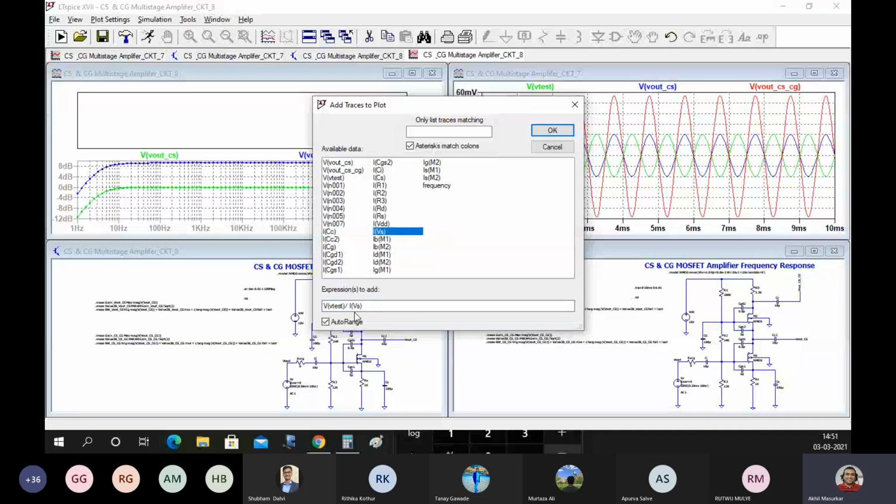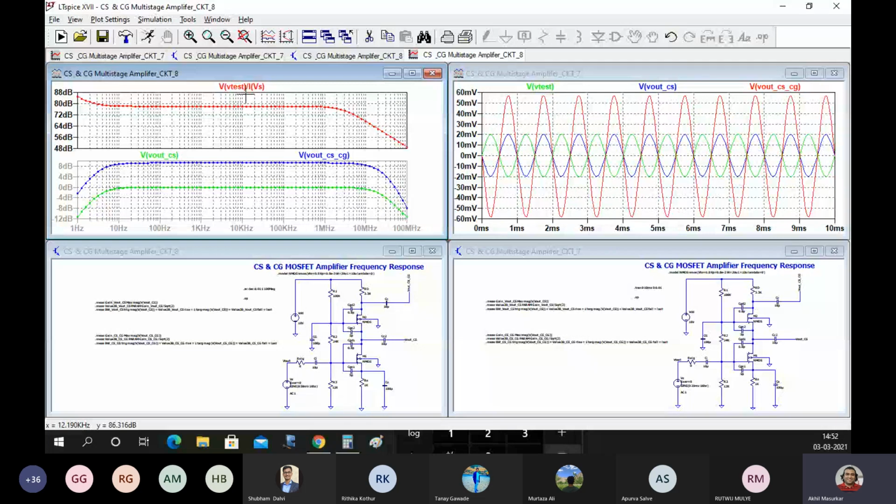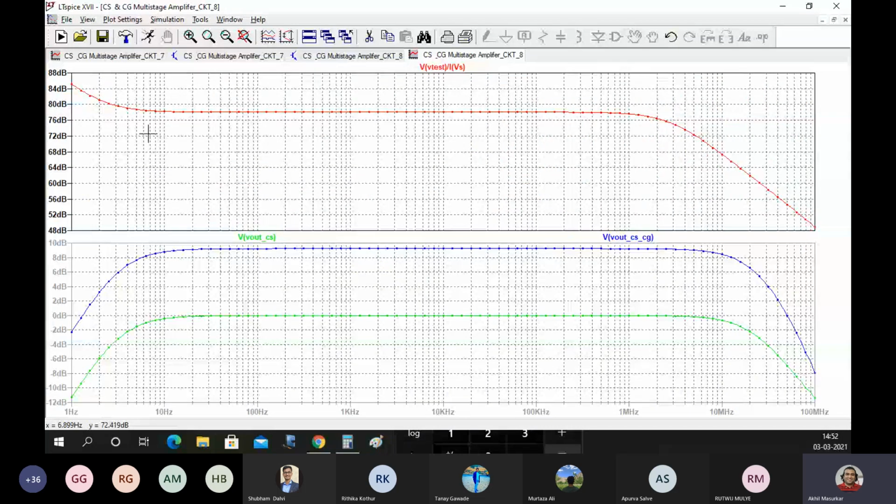So you can see here, now we also plotted, this is on the input side, so this is my input impedance. You can now see very beautifully that input impedance also changes with frequency. Can you see that? Input impedance changes with frequency.